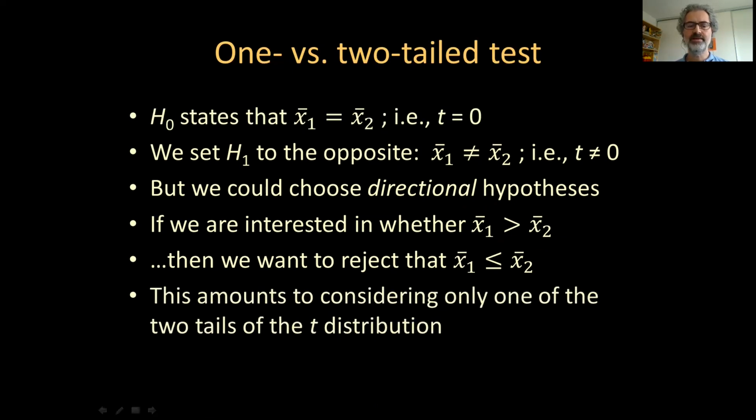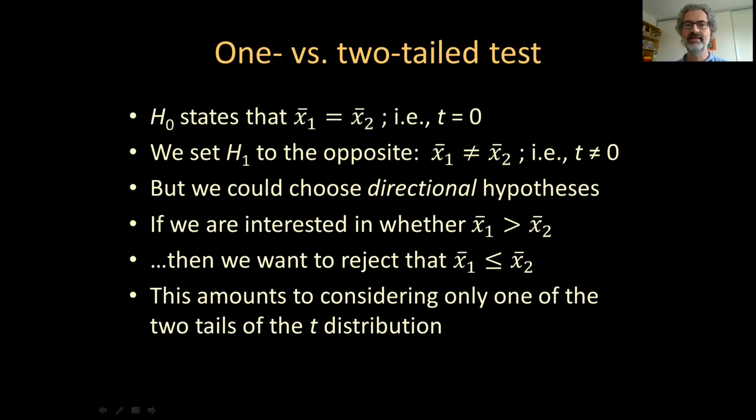Stating the problem in this way is the same as considering only one of the two tails of the t-distribution, because the t-value includes in its sign which of the two means is greater. So if the one mean that we put in first is greater, the t-value will be positive. If the one we put in first is less than the second one, then the t-value will be negative.